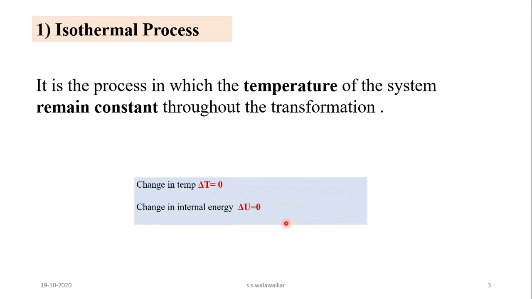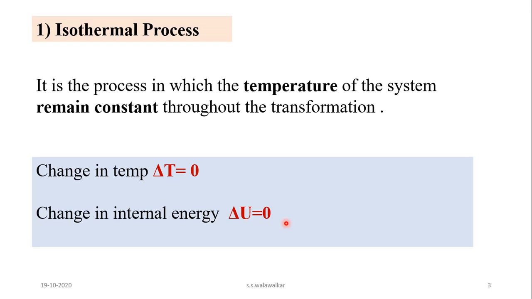Therefore, in an isothermal process the change in temperature, delta T, is equal to 0, and internal energy is a function of temperature, so the change in internal energy, delta U, is equal to 0. If there is no change in temperature, internal energy also does not change.